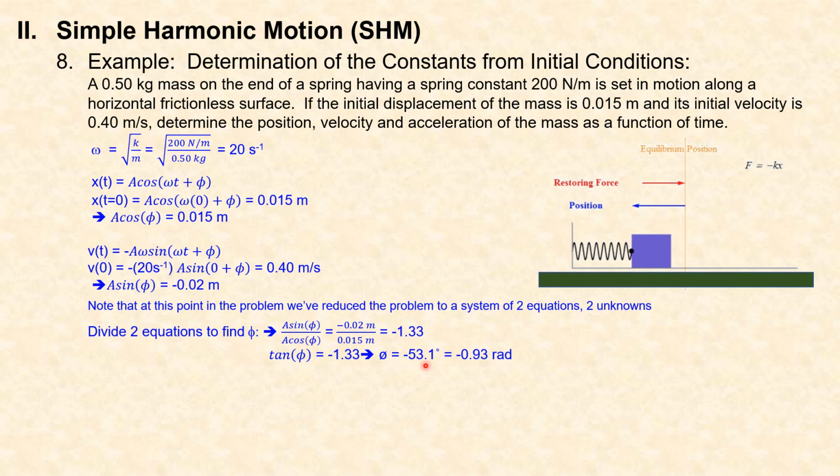So our phase angle, we can solve and find, is minus 53.1 degrees or minus 0.93 radians.